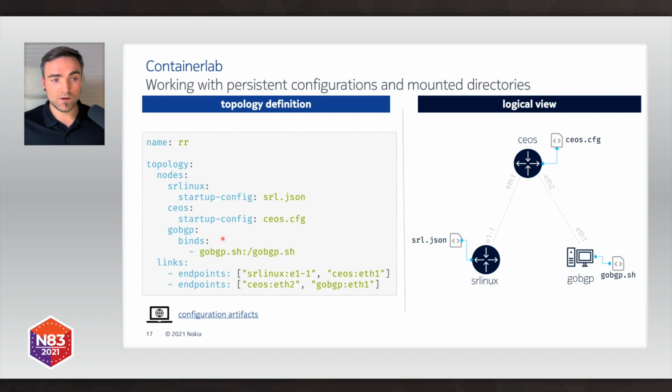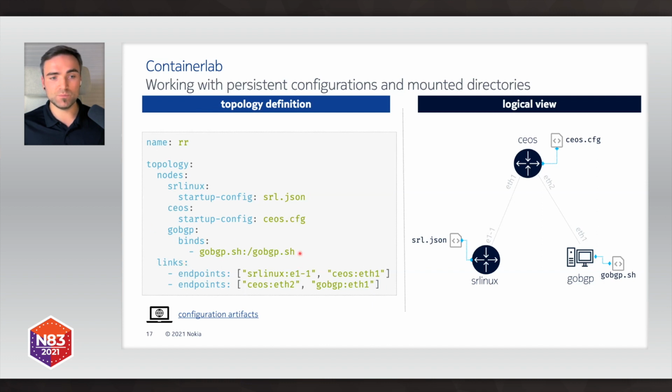And for GoBGP, because it doesn't have a notion of a startup config per se, we will use Docker binds. So we will bind the GoBGP shell script that I prepared to the /gobgp.sh location inside the container. And then when you start the lab, these two nodes will come with the startup config already prepared and booted.